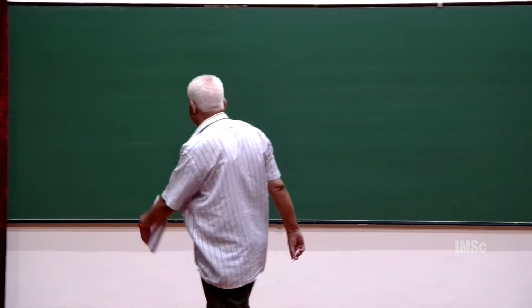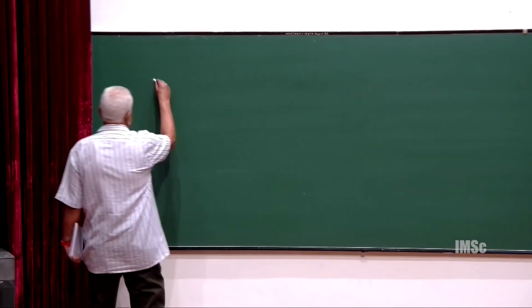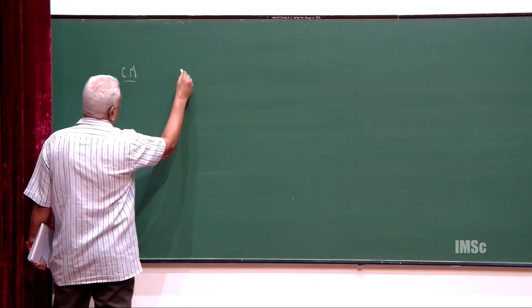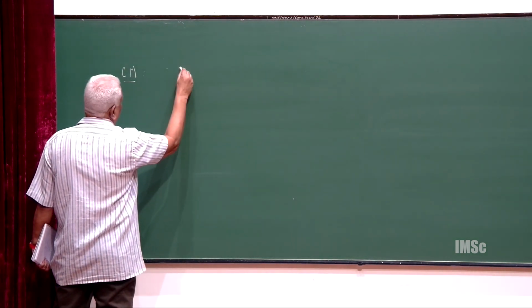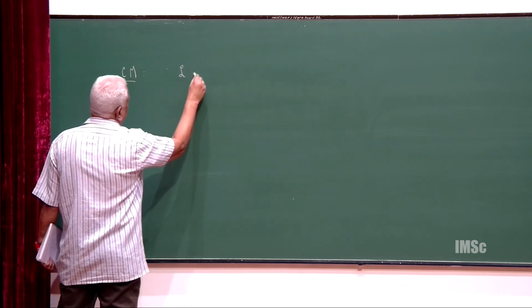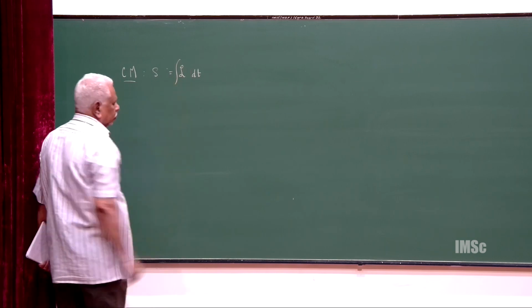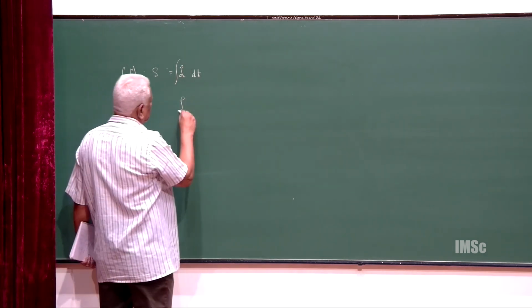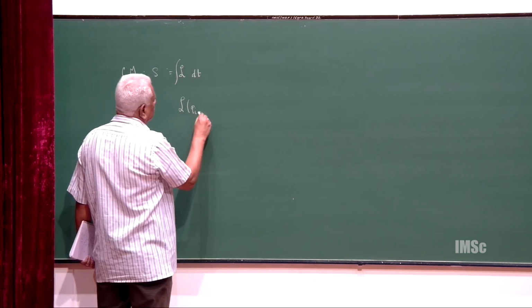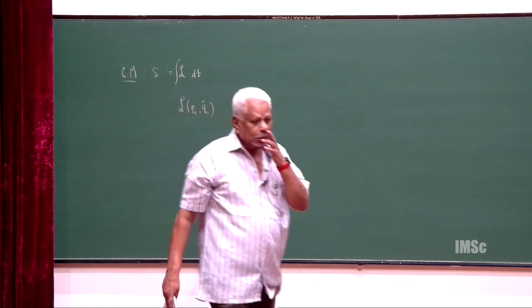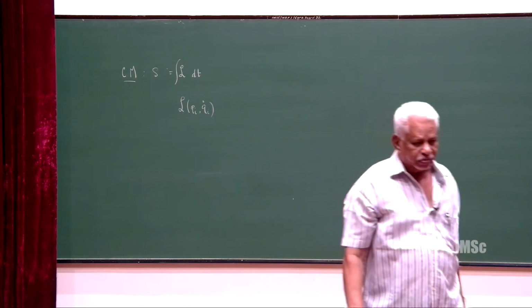So yesterday we talked about classical mechanics. The equations of motion come from the Lagrangian, with S the integral of L dt as your action. This L is a function of q_i and q_i dot. I have put q_i because it is a general dynamical variable.